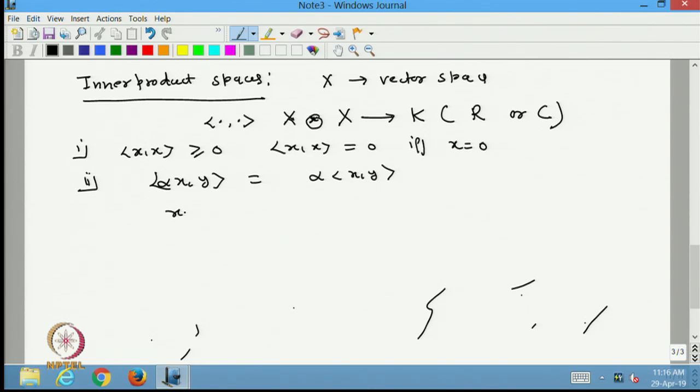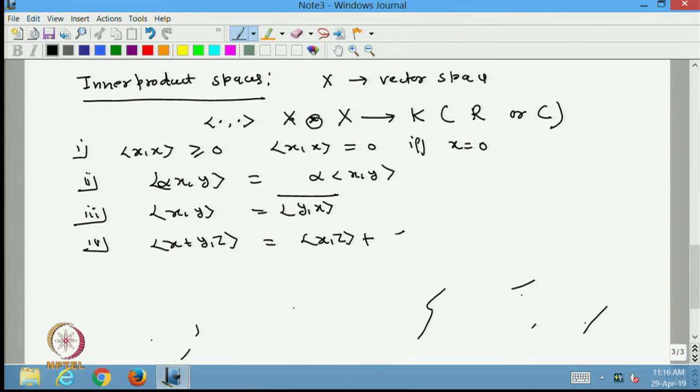The third property is x, and the last property is. So, if any function satisfies these four properties, it is called an inner product space.